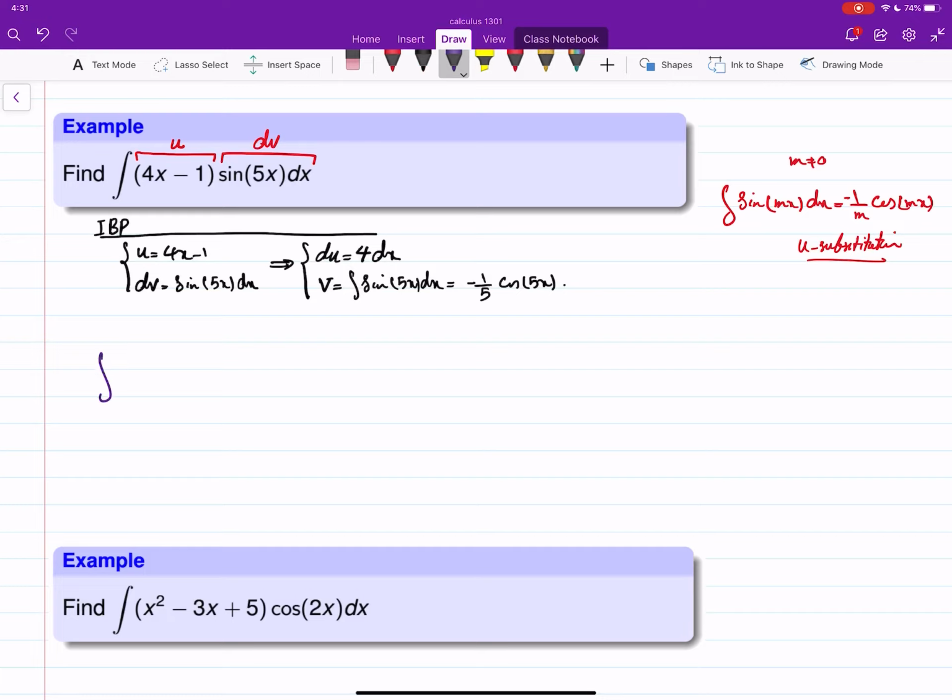So integral of 4x minus 1 sine of 5x equals u times v. So that is 4x minus 1 times negative 1 over 5 cosine of 5x, minus integral of v times du. So v is negative 1 over 5 cosine of 5x times 4 dx.